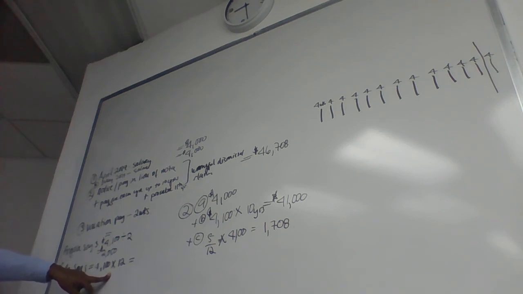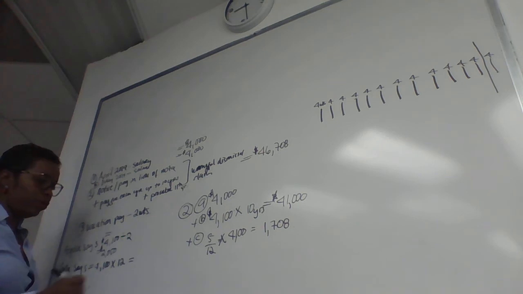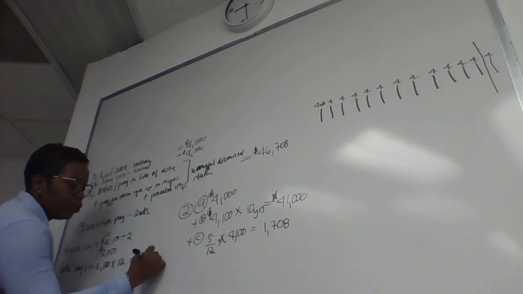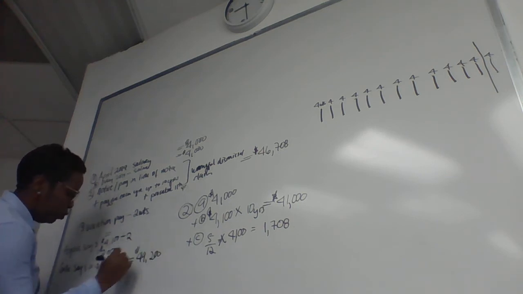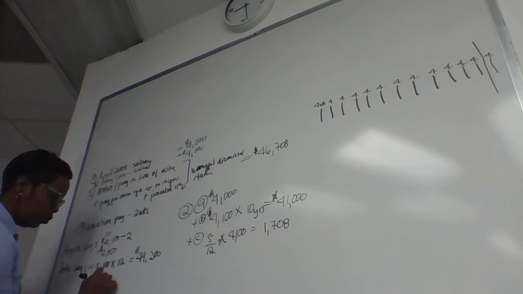4,100 times 12 is 49,000, divided by 52.